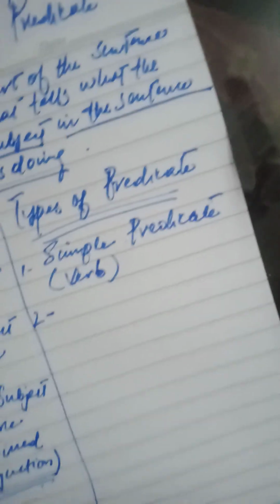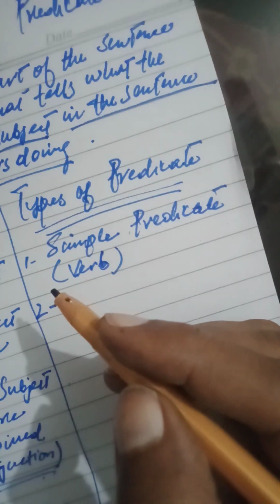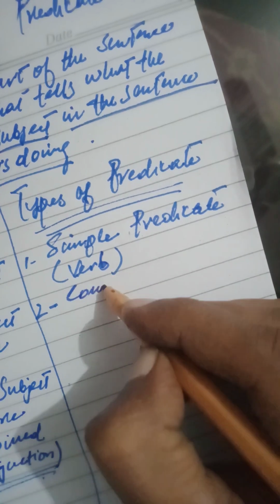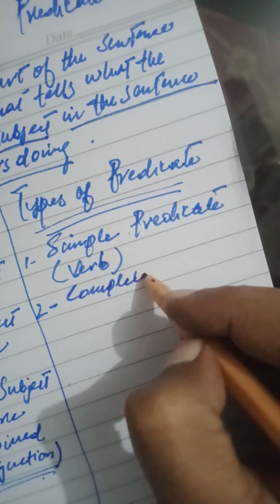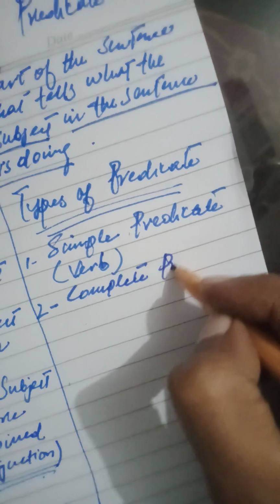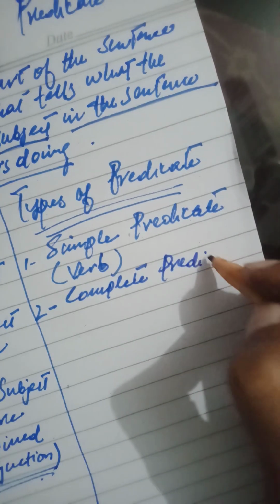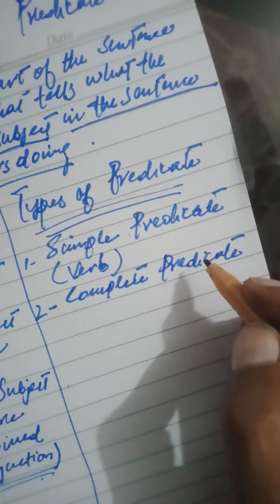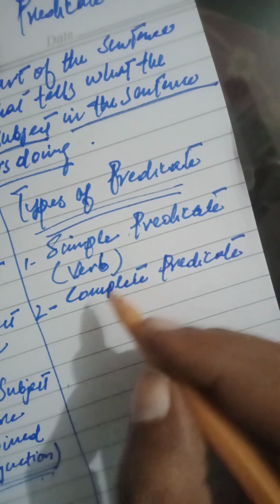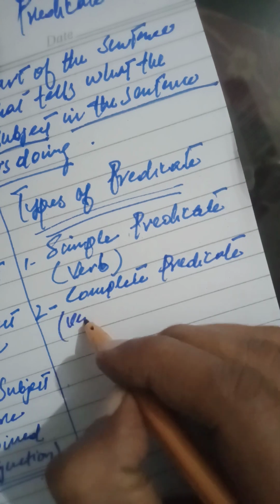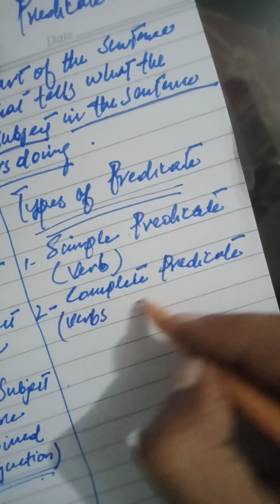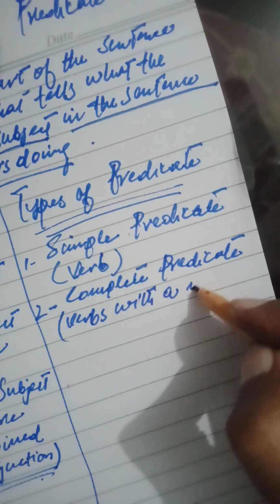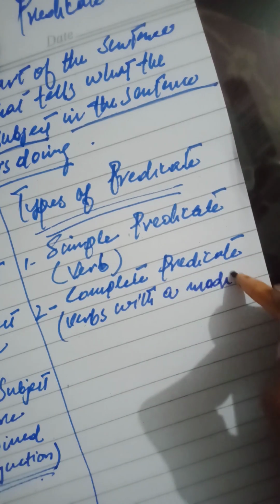Number two, the second type, complete predicate. Complete predicate: verbs with a modifier.